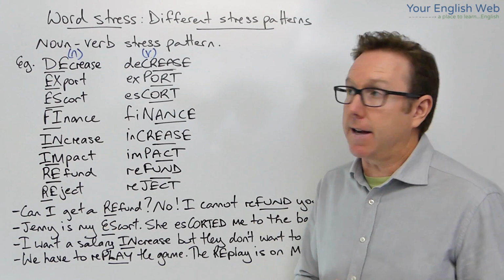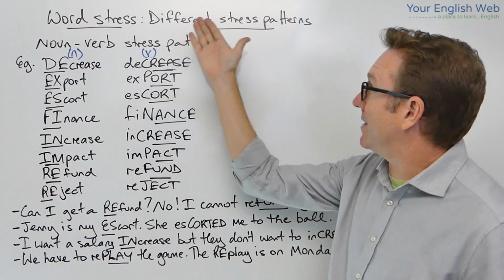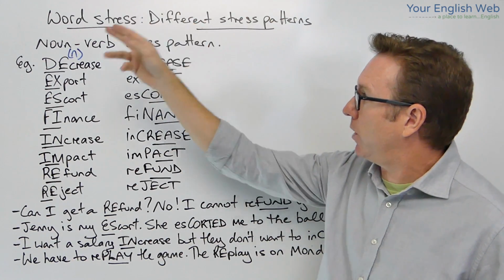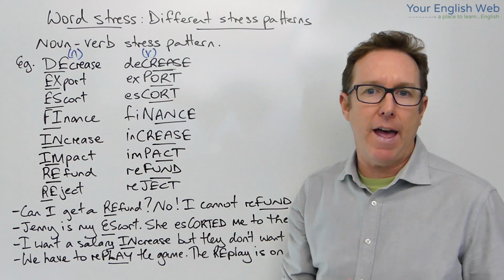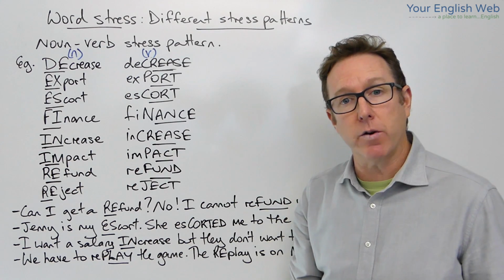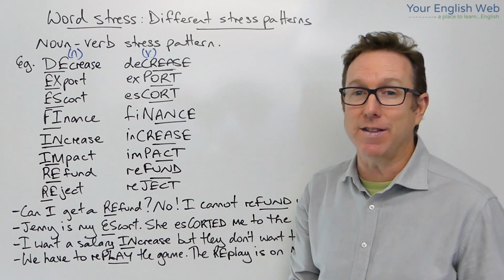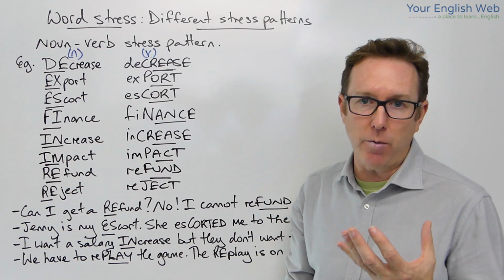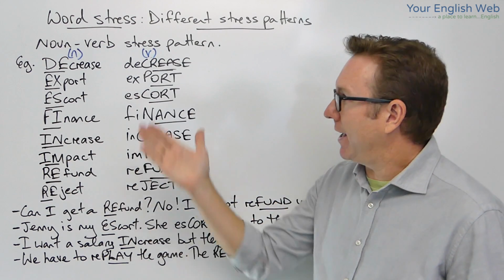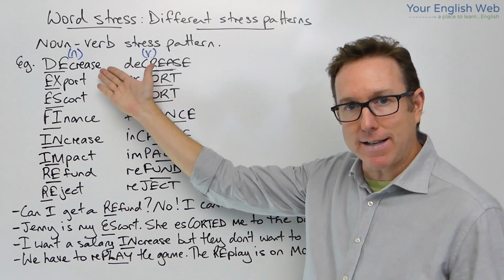Now, as I said, today's lesson is looking at word stress, different stress patterns, and we're looking at noun-verb stress patterns. And in English, one of the characteristics of the language is that the stress pattern can change from noun to verb, even if the word is exactly the same.